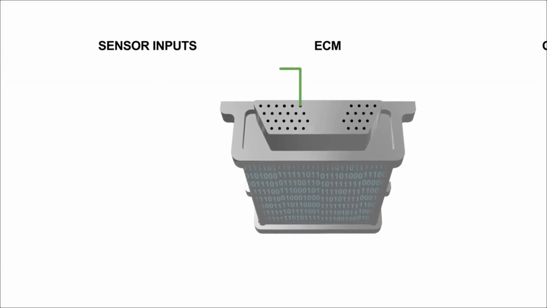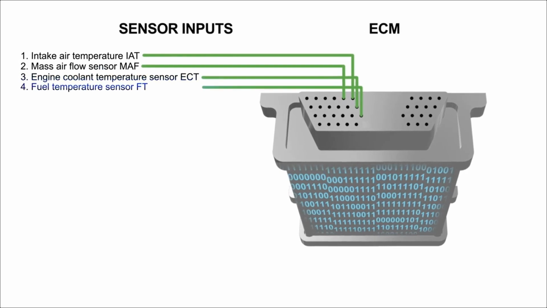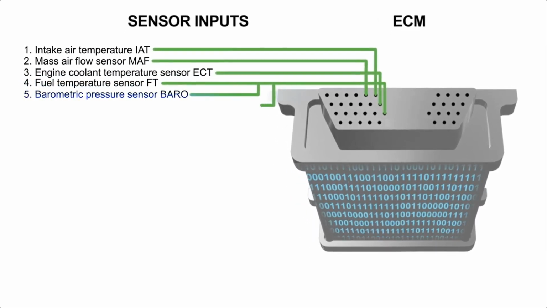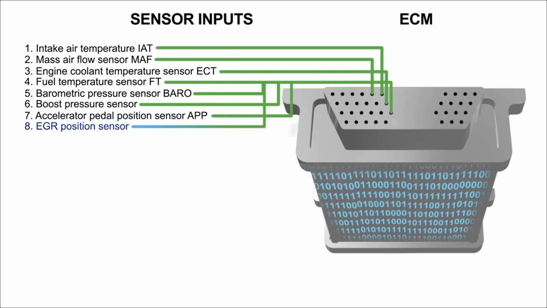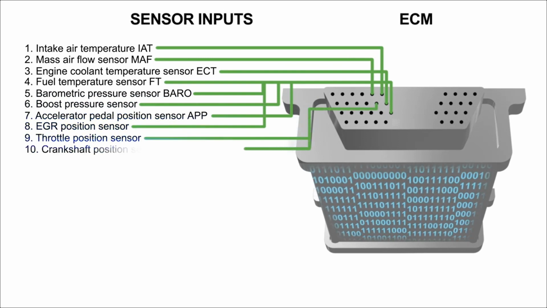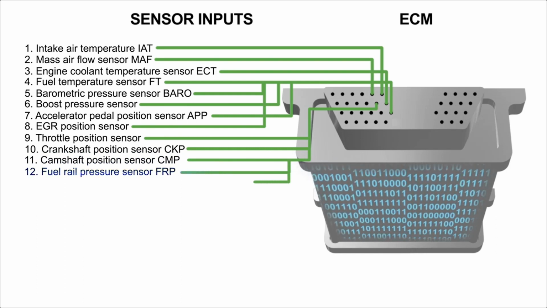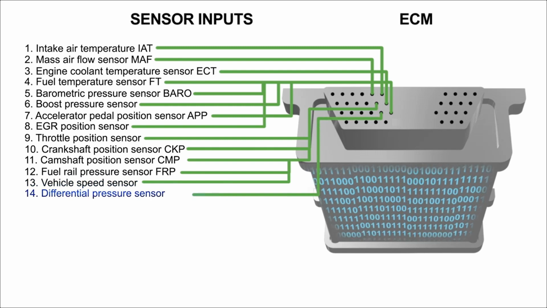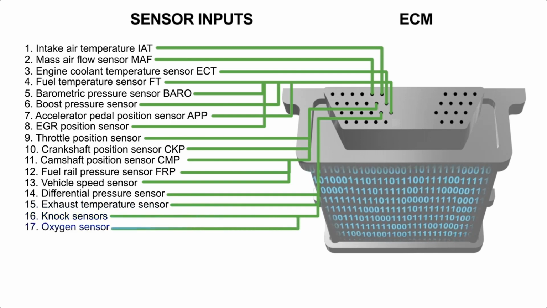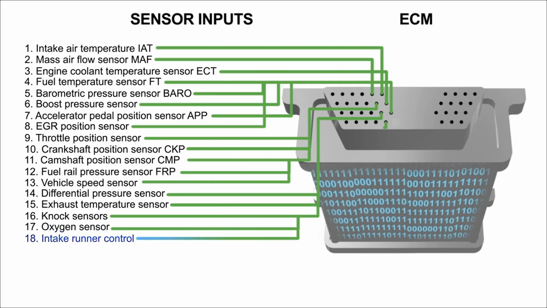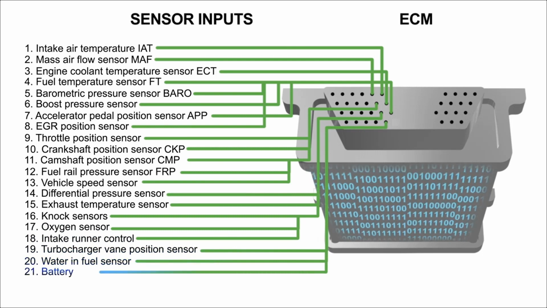The sensor inputs are intake air temperature, mass airflow, engine coolant temperature, fuel temperature, barometric pressure, boost pressure, accelerator pedal position, exhaust gas recirculation position, throttle position, crankshaft position, camshaft position, fuel rail pressure, vehicle speed, differential pressure, exhaust temperature, NOx sensor, oxygen sensor, intake runner control, turbocharger vane position sensor, water and fuel sensor, and the battery.